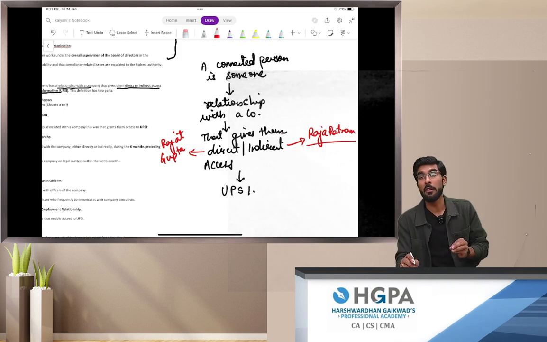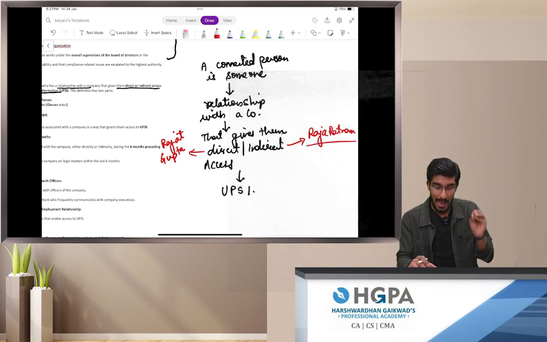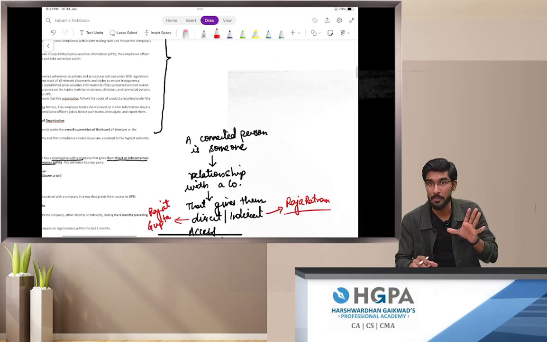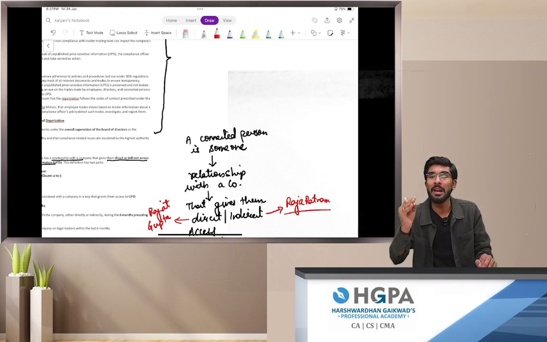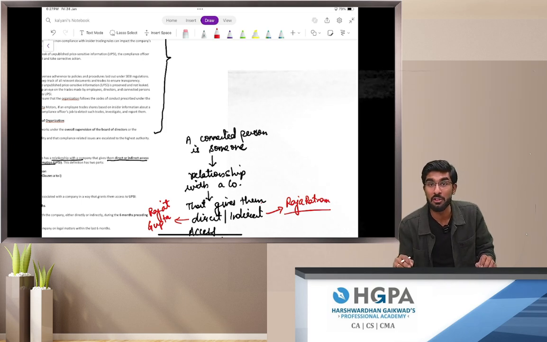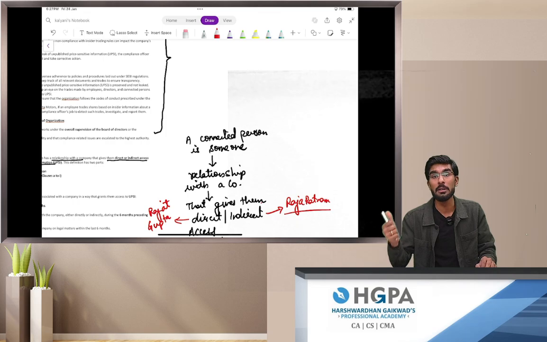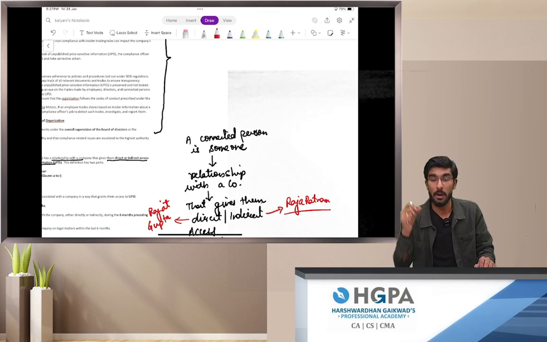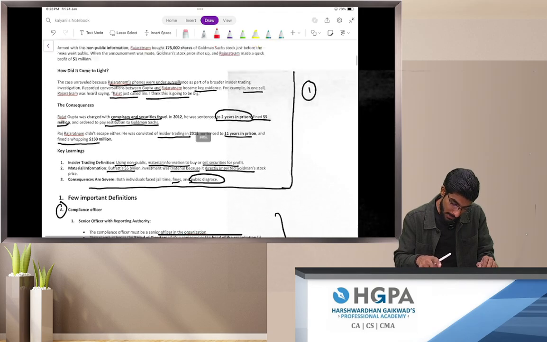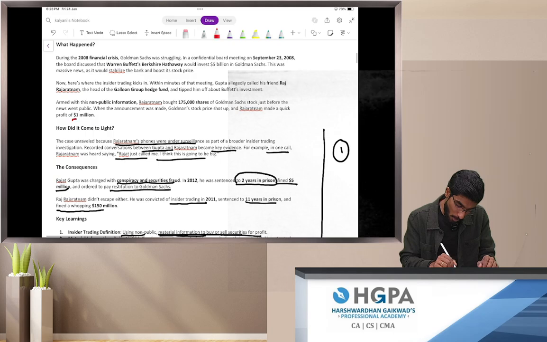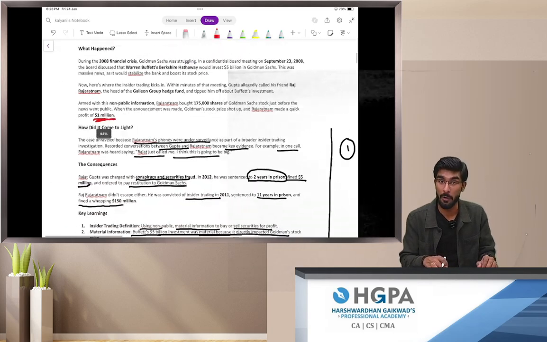What happened was, people, Rajaratnam was the head of Galleon Group hedge fund. Through that hedge fund, he bought 1,75,000 shares of Goldman Sachs, from which he earned a profit of how much, people? He earned a profit of $1 million. That is it.